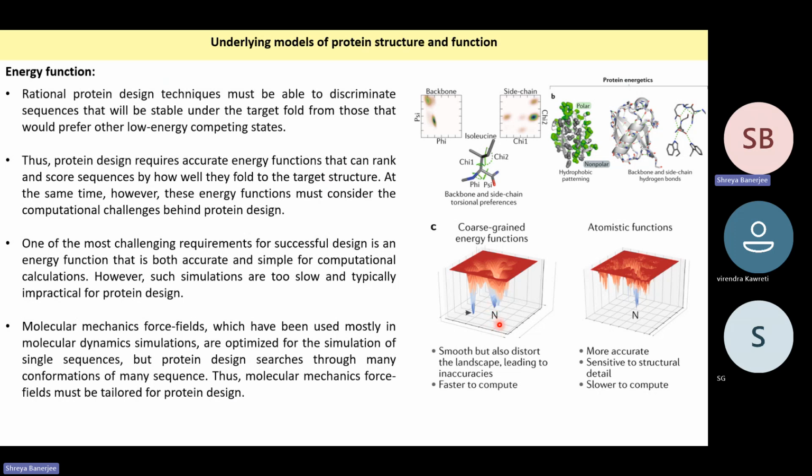But the disadvantage is that sometimes there can be inaccuracies because it is not checking the atomic details. The atomistic functions are much more accurate and sensitive to structure. Atomistic functions consider interactions between each pair of atoms, so that is extremely accurate. But the problem is it is very slow computationally. It might take months to predict the structure of just one protein. So a balance has to be reached between these two.